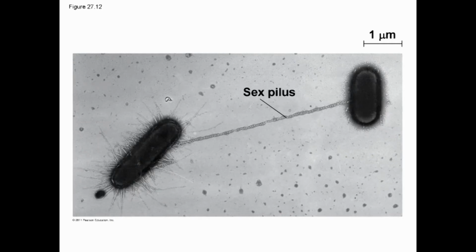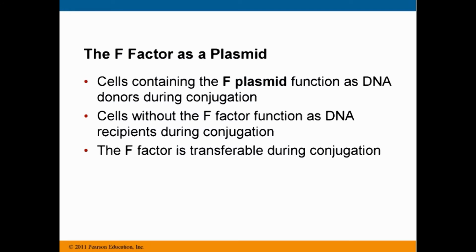If you have the F factor present, then the formation of a sex pilus can happen, and that sex pilus is going to happen between one bacterial cell and another, and we're going to get the transfer of this F factor. So the F factor is present as a plasmid, and that F factor can be transferred during conjugation.